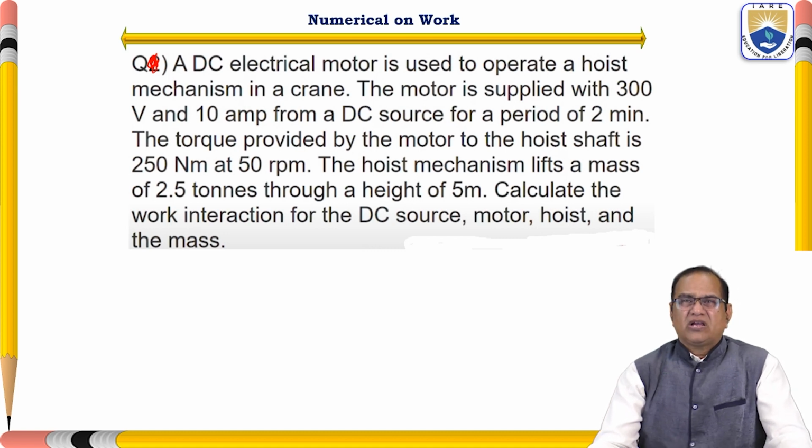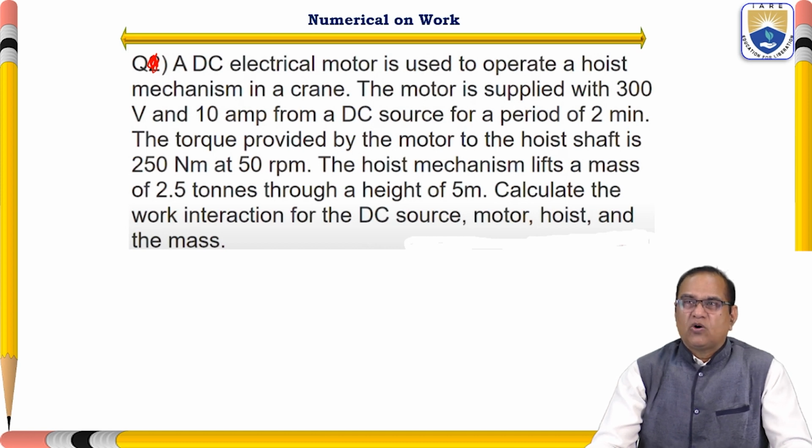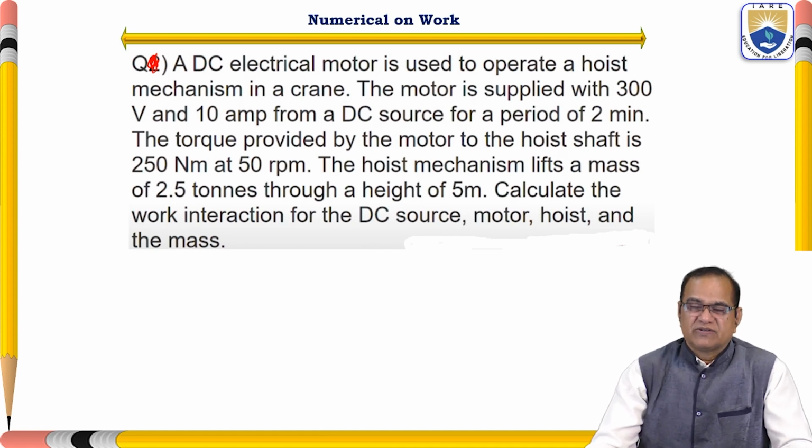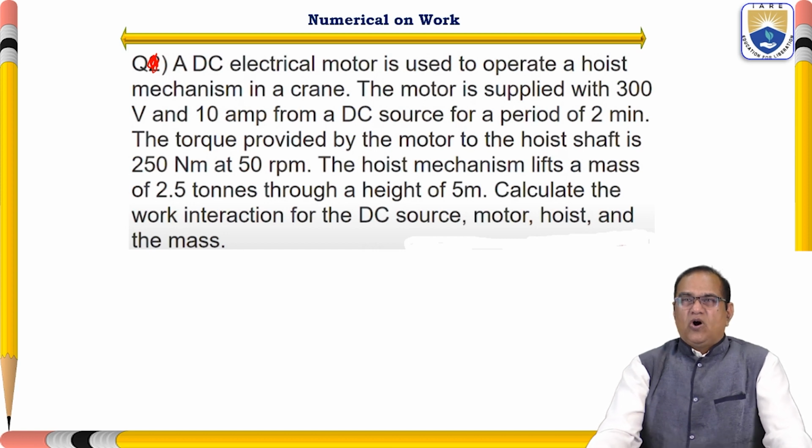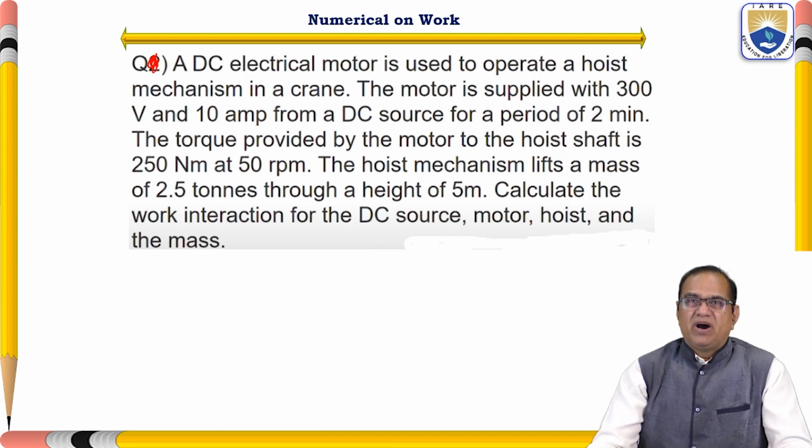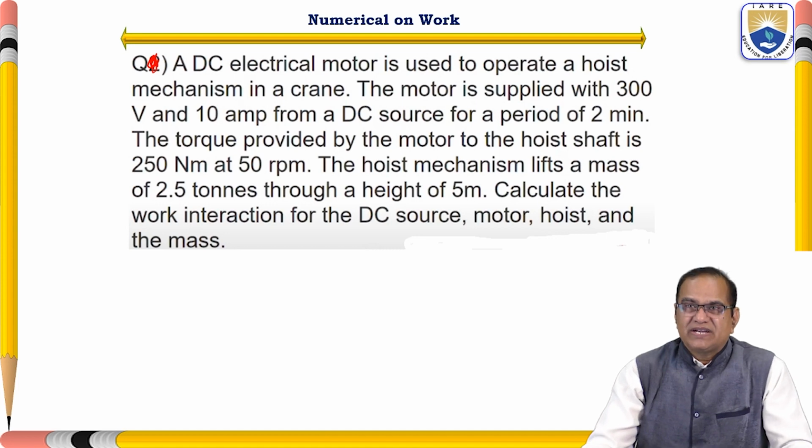The torque provided by the motor to the hoist shaft is 250 Newton meter at 50 RPM. The hoist mechanism lifts a mass of 2.5 tons through a height of 5 meters. Calculate the work interaction for the DC source, motor, hoist and the mass.